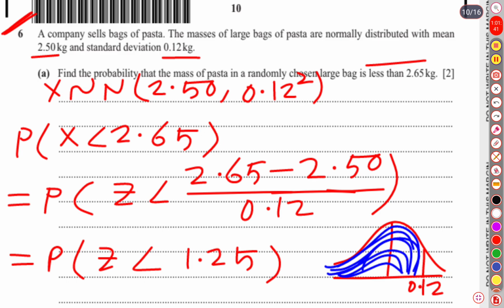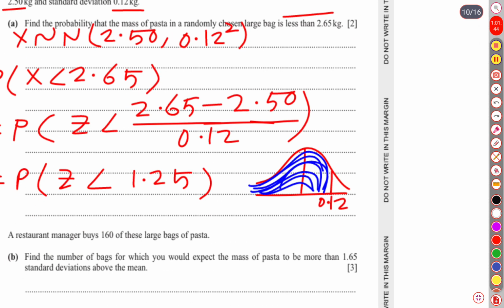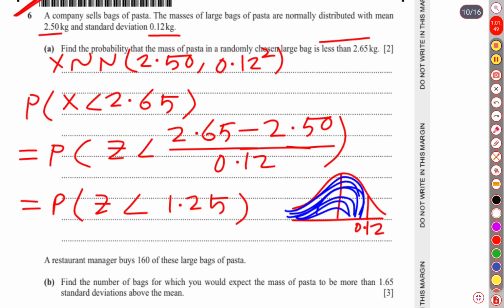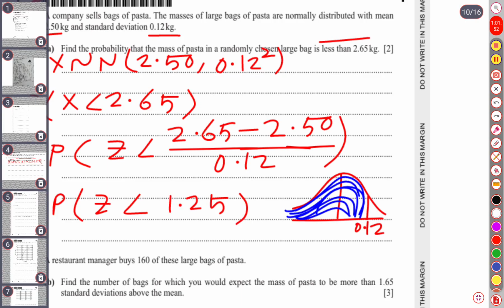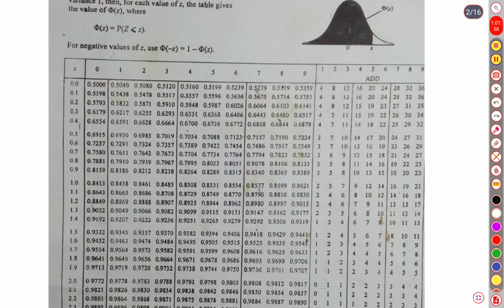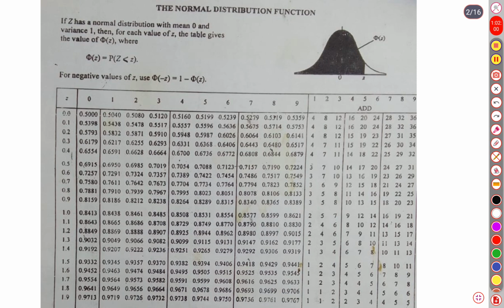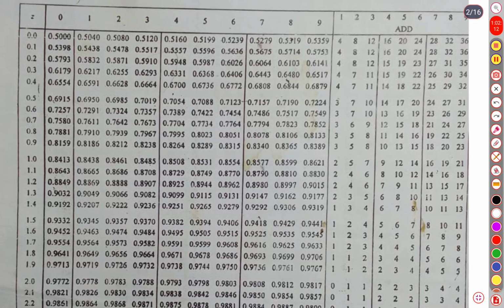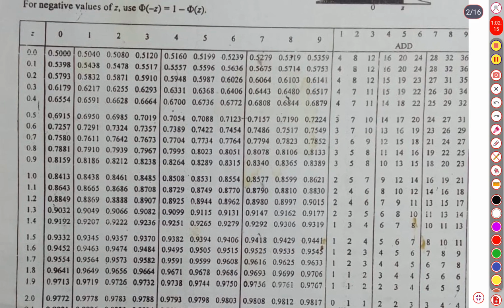Then using our normal distribution table, we will find our corresponding probability when z score is 1.25. Our normal distribution table is over here. 1.2 first, then the fifth column.